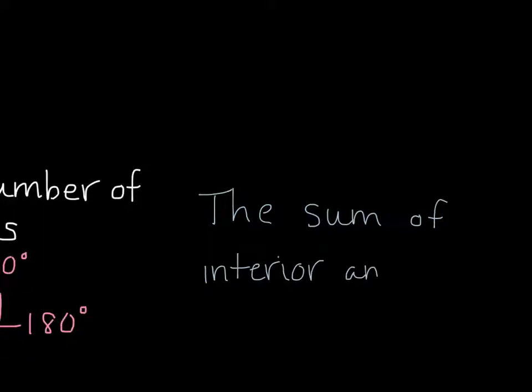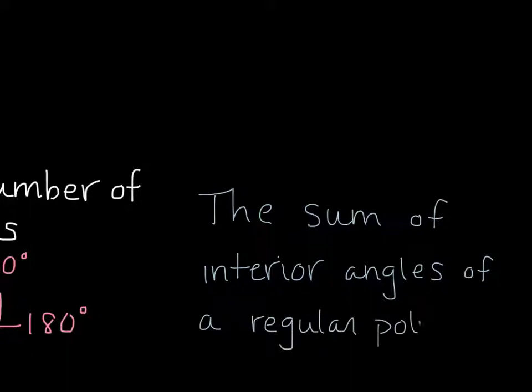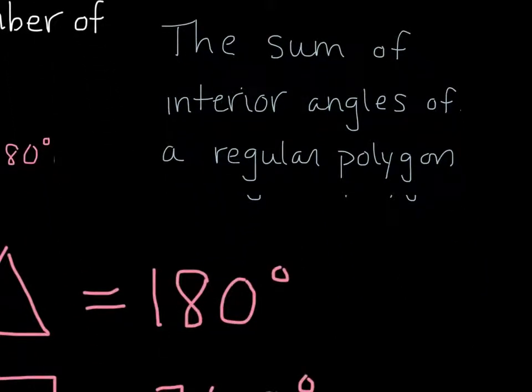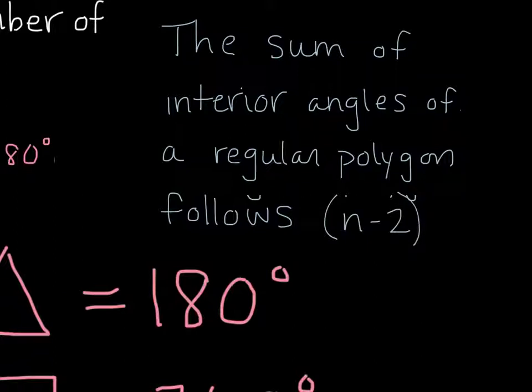So the sum of the interior angles of a regular polygon follows the pattern that we just saw, because we broke it into triangles.